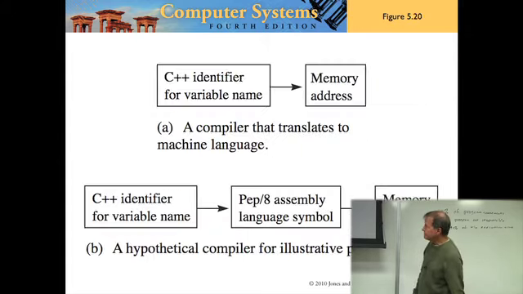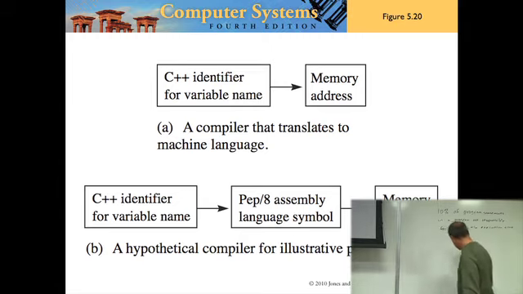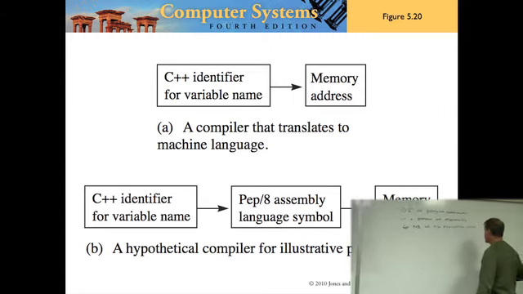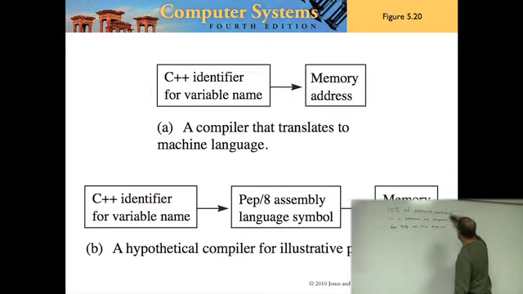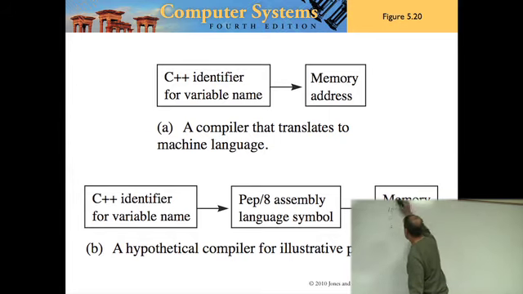So now, in figure 5.20, we have to deal with programs that have variables in them. Let's think about what a variable is. A symbol.